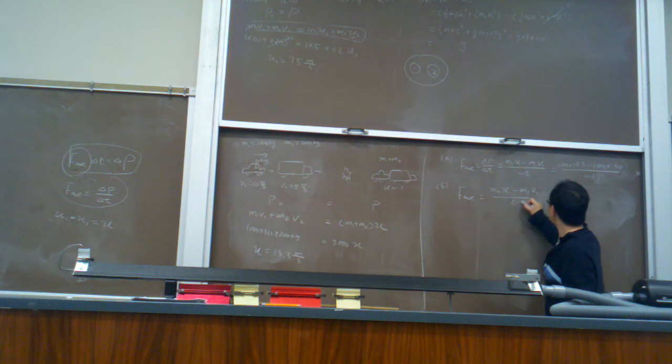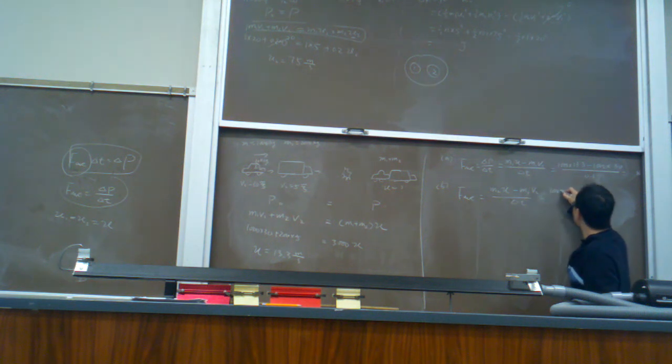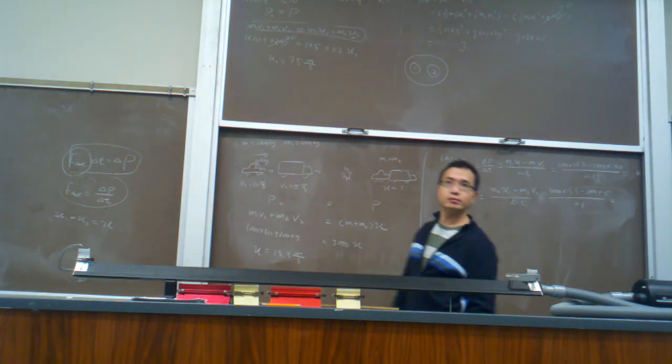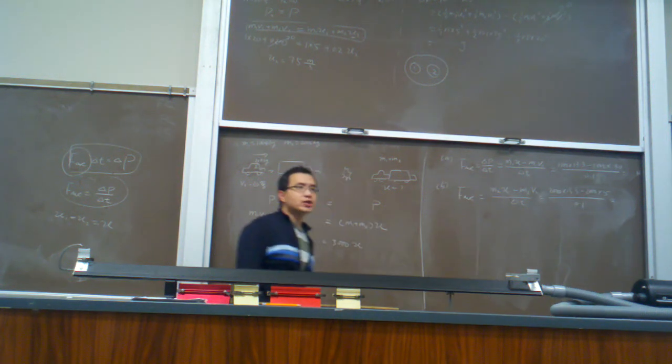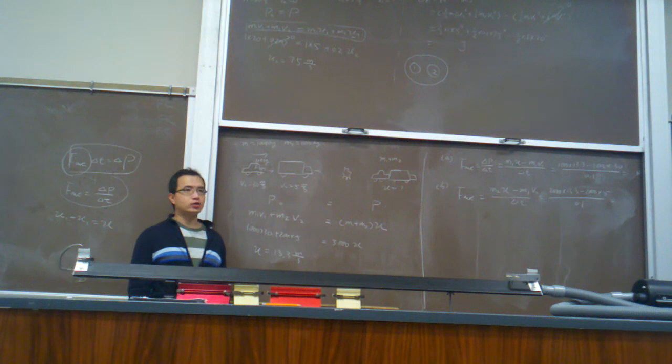Divided by delta T. So it's 2,000 multiplied by U, subtract 2,000 multiplied by 5. Okay? Check which number we are using for each calculation.